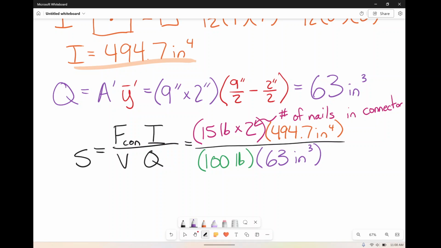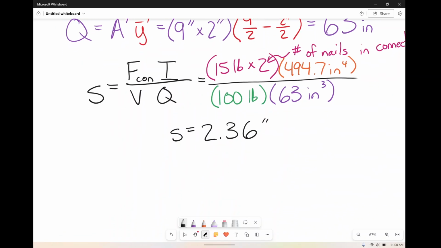Okay, so solving for this baby, we're going to get that the spacing is 2.36 inches. Nobody, when they're going to put nails in, is going to measure to 2.36 inches. So again, if we had to go to the nearest 1/4 of an inch, what would we use?